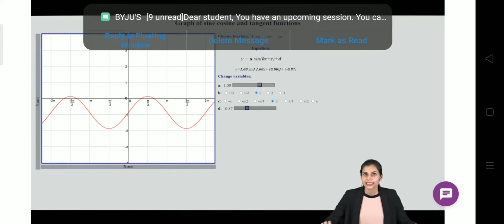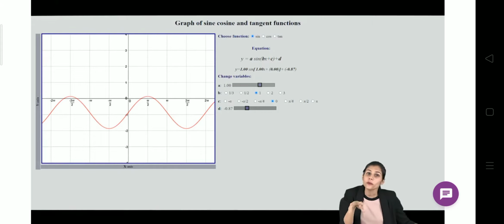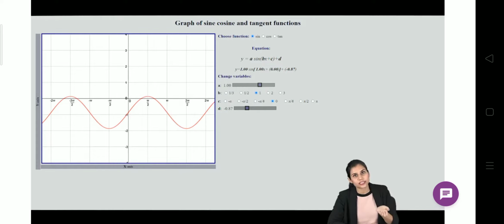So this means what? That subtracting a positive constant a from sine x is equivalent to shifting the graph of sine x vertically downward along the y-axis by a units.